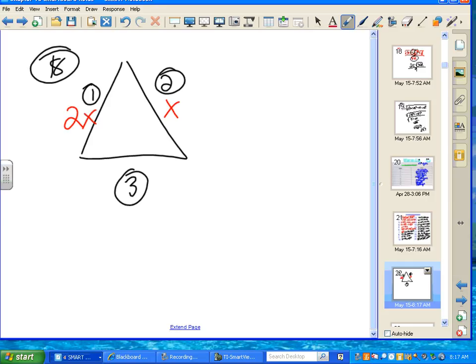The side 1 is 2 times longer than side 2. Okay, and then it says the third side is 5 more than the second side. So 5 more than the second side means x plus 5. From there, add all of them up, set them equal to, what was it, 29. So after you combine like terms, Mike, you get 4x plus 5 equals 29. Solve for x. Was this the hard part, was setting it up?